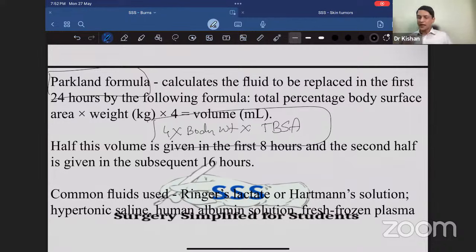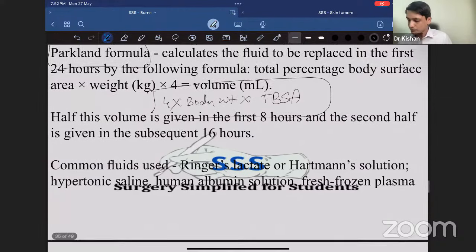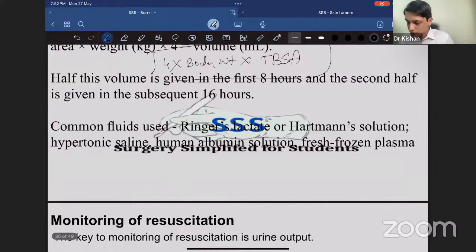Now to make it clearer, I'll give you a case scenario. Please write along with me. A 60-year-old male. When he was cooking, his wife was not at home, so he started cooking for the first time.